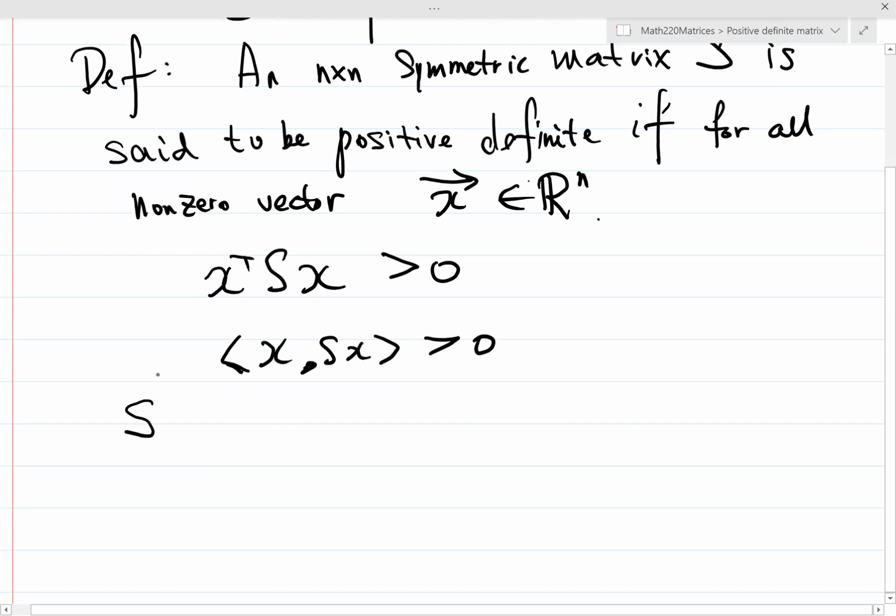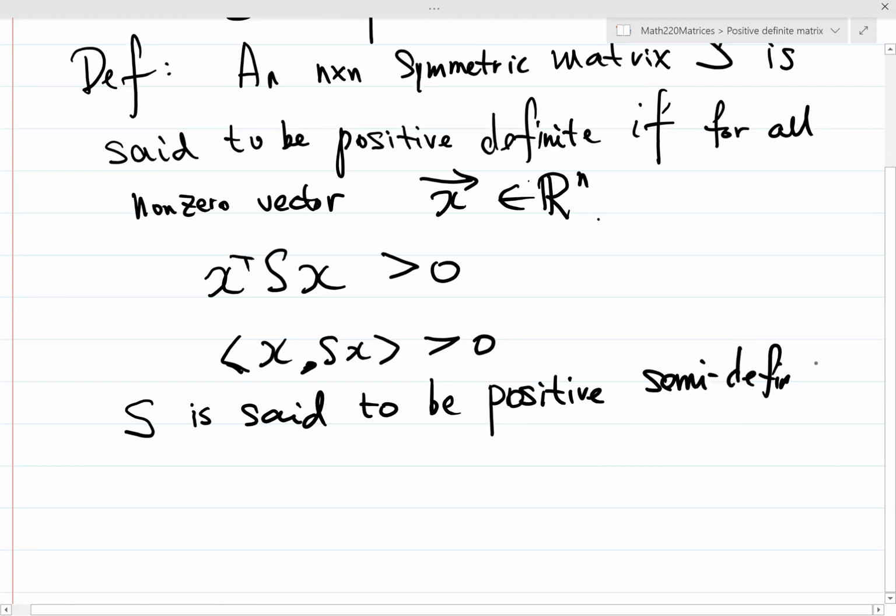Another definition. S is said to be positive semi-definite if, still assuming S is symmetric, x transpose S x is greater than or equal to 0.